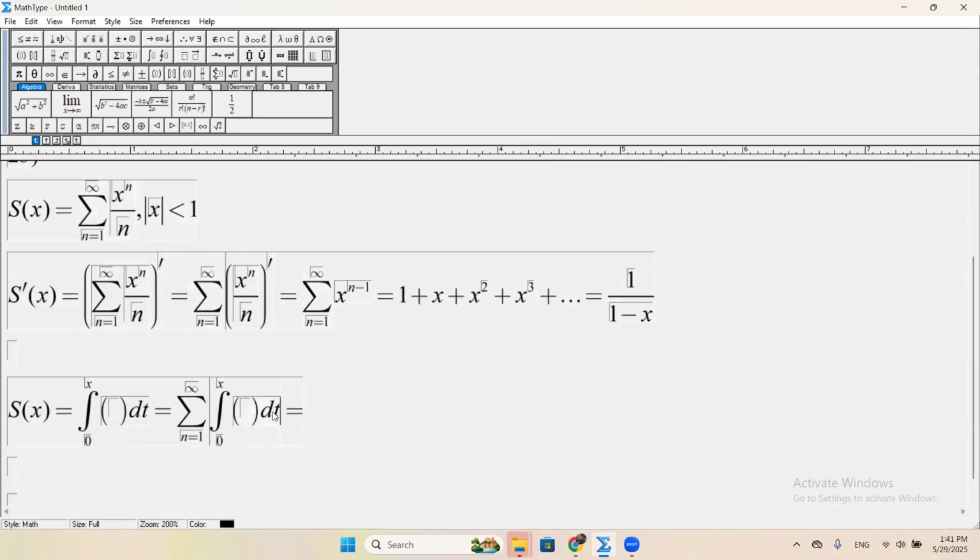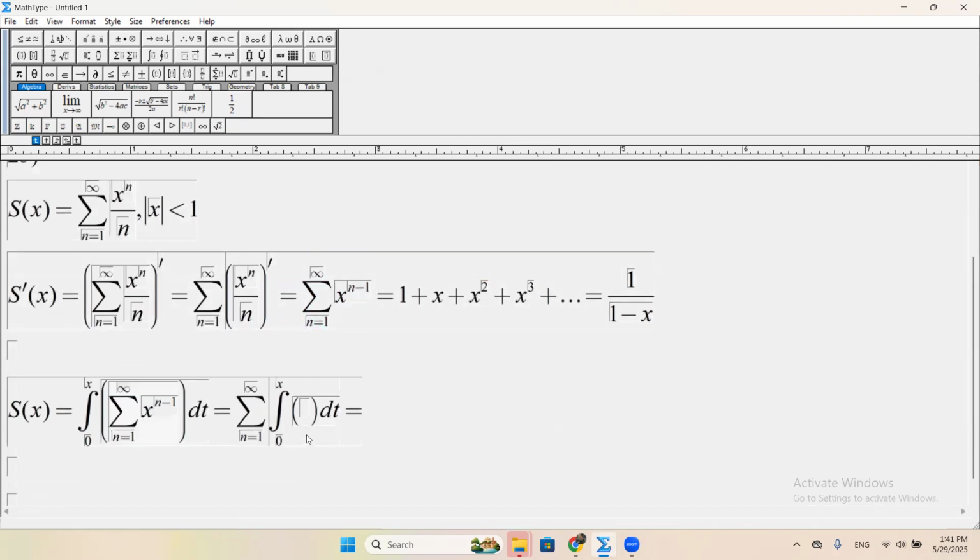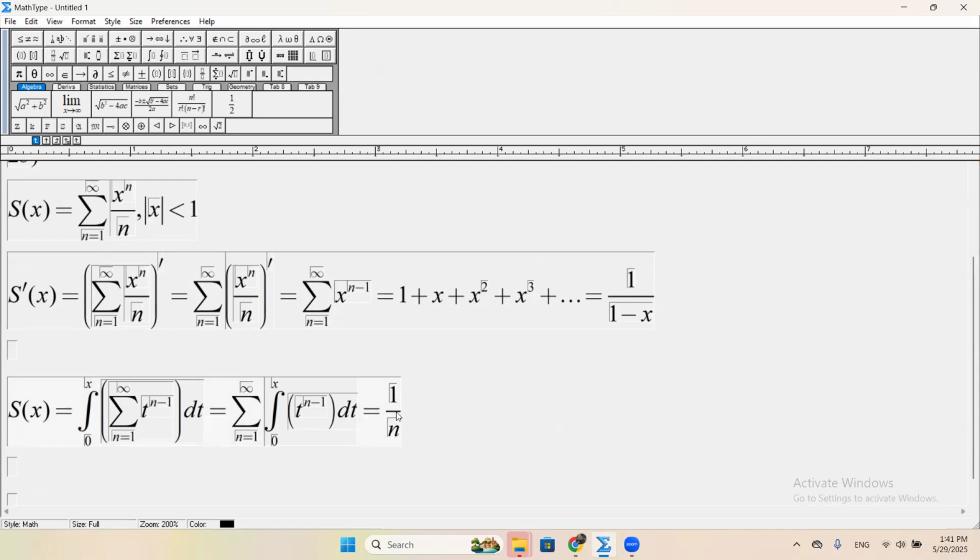So let's integrate this series now term by term. So here will be t, and here t as well, receiving 1 over n. We will integrate this expression from 0 to x.